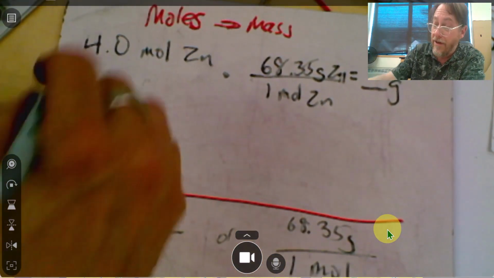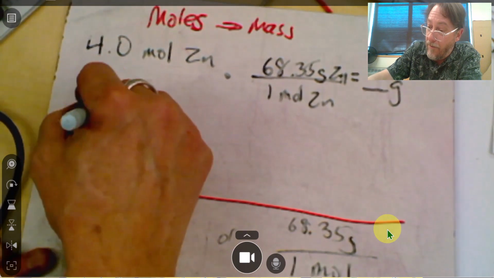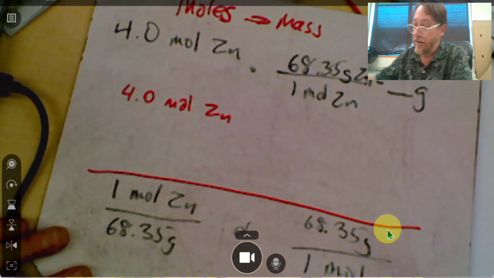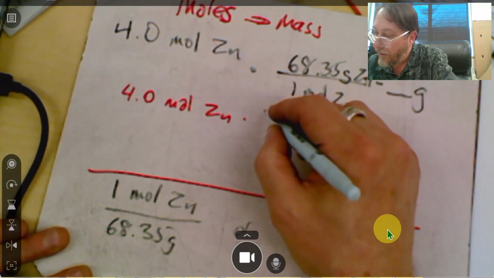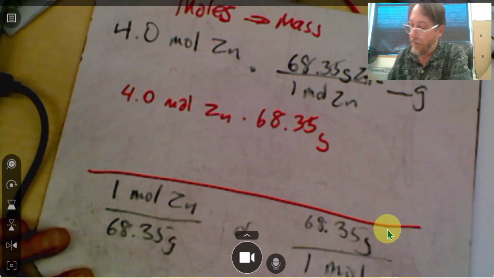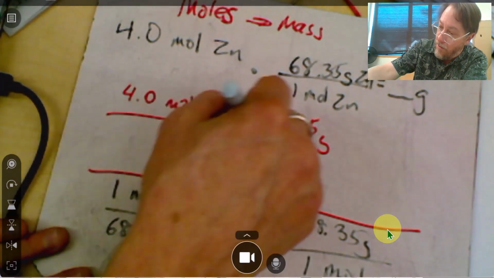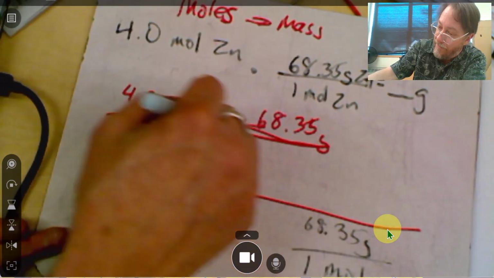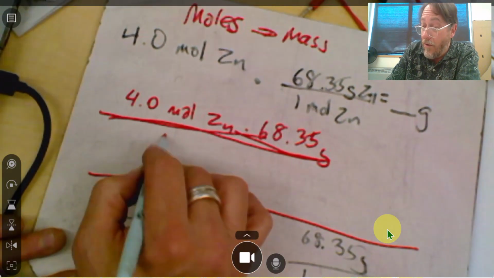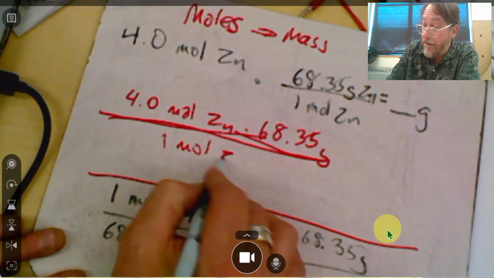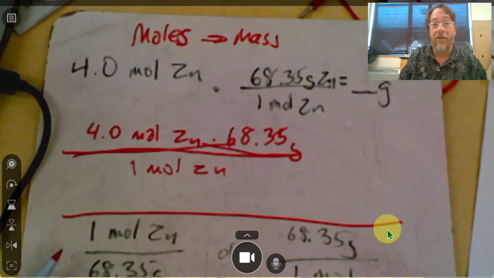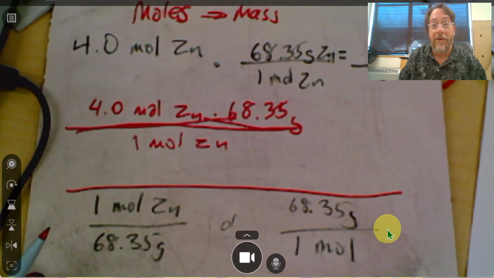And that turns this into, let's neaten this up a little bit, a combined fraction of 4.0 moles zinc times 68.35 grams, all over 1 mole of zinc. Okay, so, sorry about this, we're getting all sloppy here.